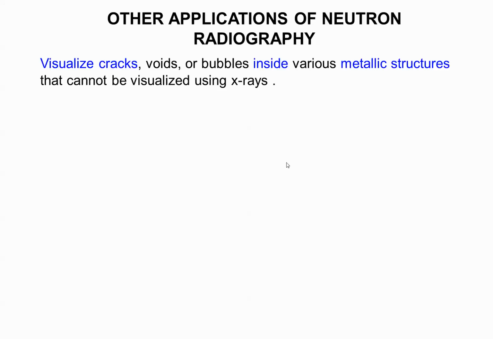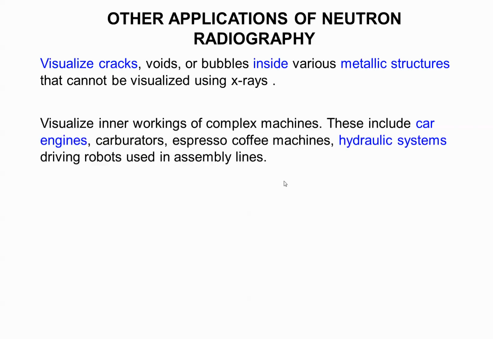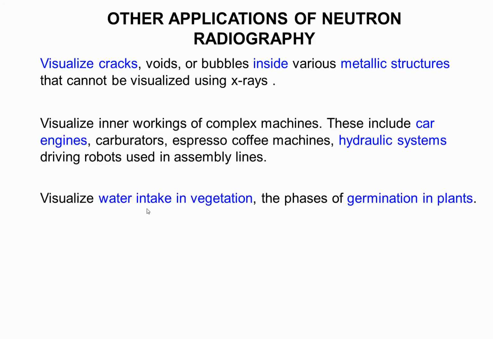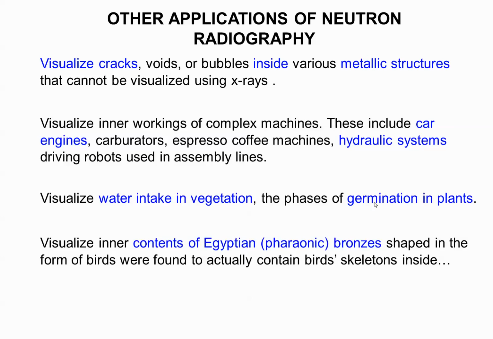Other applications of neutron radiography: visualize cracks inside metal structures and so on. Car engines, hydraulic systems. One can see the flow of oil, for example, in a car engine or hydraulic system, and so forth. Visualize water intake and germination of plants and so on.